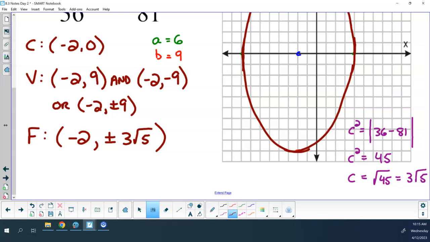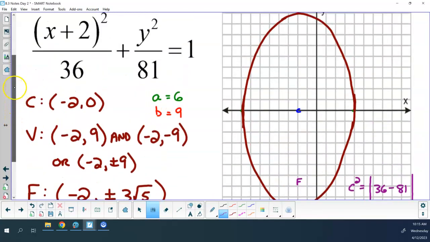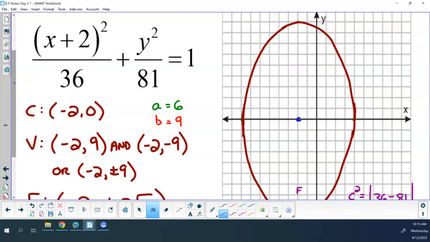On the graph, Kiana told me it was in between 6 and 7, right? Closer to 6 or closer to 7, Kiana? 7, because 45 is closer to 49. So 8, 7, 6. So focus would be there, and 2, 4, 6. Focus would be there.